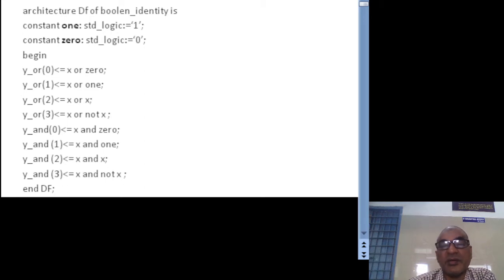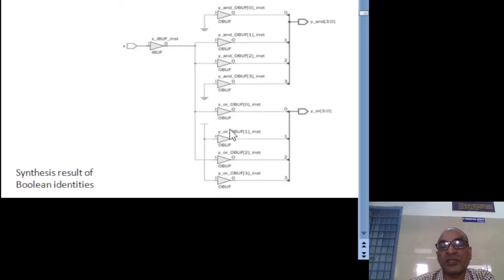Now, coming to the next part of the topic, before going to see the properties of Boolean algebra, let us see the synthesis result of Boolean identities. In the previous session we have seen the VHDL program for the Boolean identities.